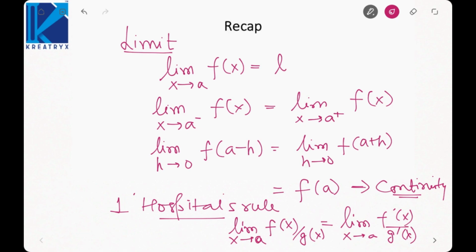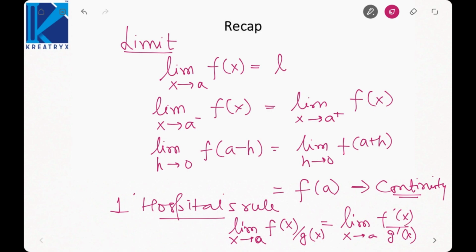I also told you about other indeterminate forms like 1 raised to the power infinity, 0 raised to the power infinity, 0 into infinity, infinity into 0. All those forms must first be converted into the form 0 by 0 or infinity by infinity. Then we can apply L'Hopital's rule in order to find the limit.